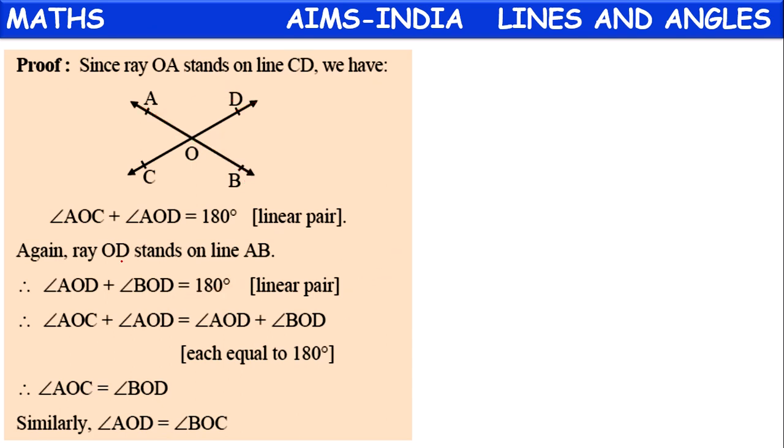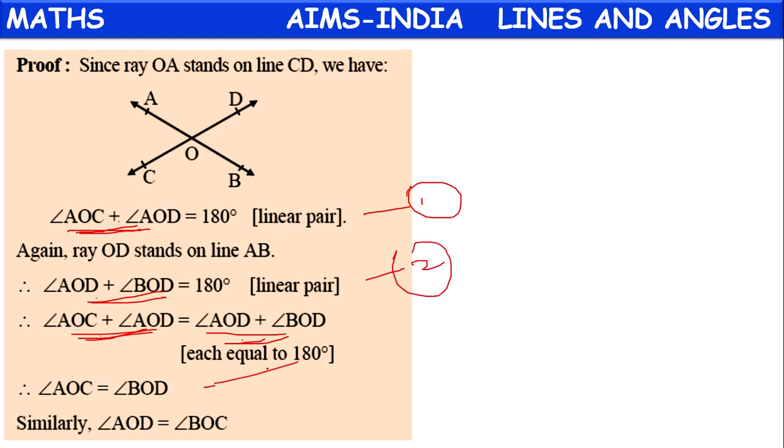So from these two, AOC plus AOD equals AOD plus BOD. From the first one and second one, we can equate the left-hand sides because both of them are equal to 180 degrees.